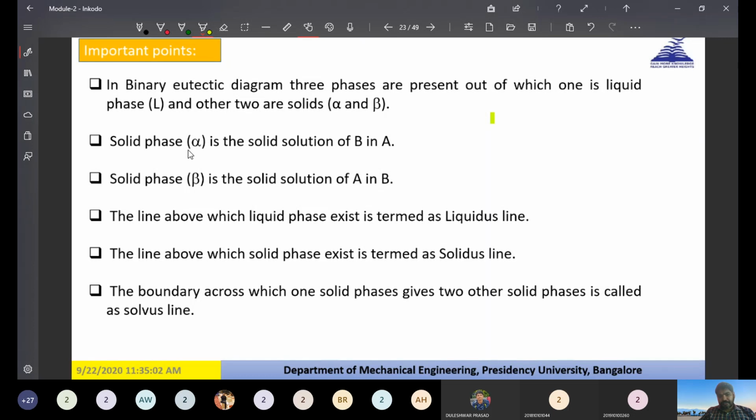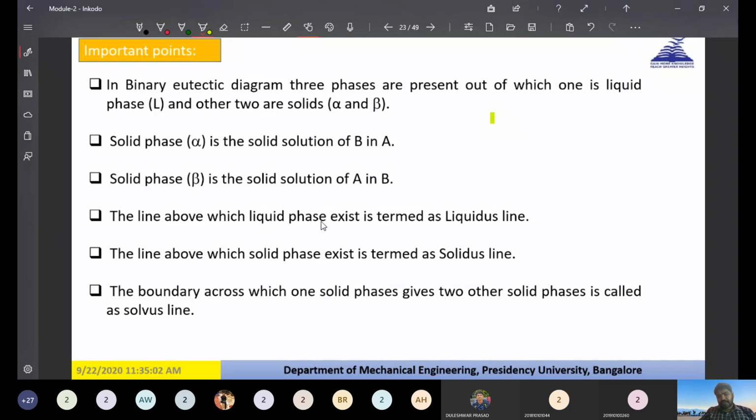Solid phase alpha is the solid solution of B in A, meaning B is added in A. There is another solid phase known as beta, which is the solid solution of A in B, that is, A is added in B.